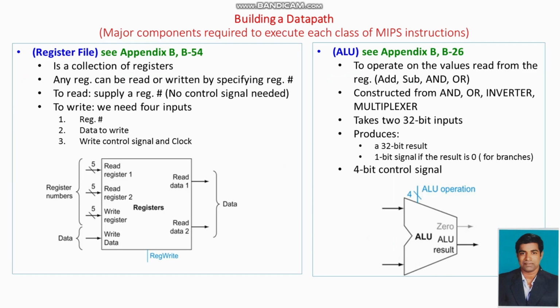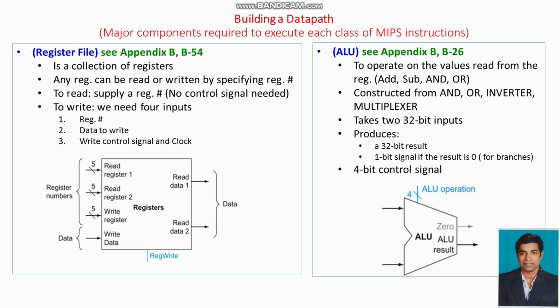Here the register file's internal operation is a collection of registers, where any register can be read or written by a specific register address. To read, supply a register number; no control signal is needed. To write, we need 4 inputs: data to write, a register number, a write control signal and a clock. In the instruction itself we have the register addresses, so we get the addresses for read register 1 and read register 2 from the instruction itself.